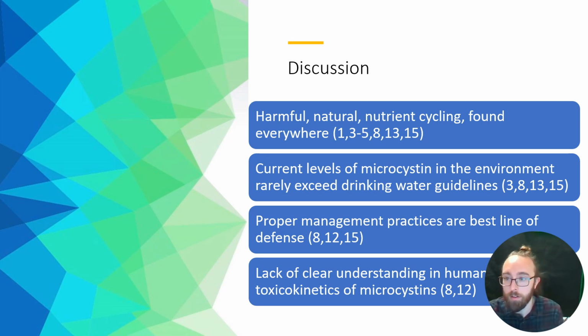Although this bacterium is harmful, it's a natural part of the environment that takes part in nutrient cycling and even contributed to the formation of Earth's aerobic environment. They can be produced by several species and typically only cause problems during bloom events upon cell death or disruption of the membranes. Current levels rarely exceed drinking water guidelines, but the combination of multiple sources, along with increasing global temperatures and climate change, could exacerbate this problem in the future.